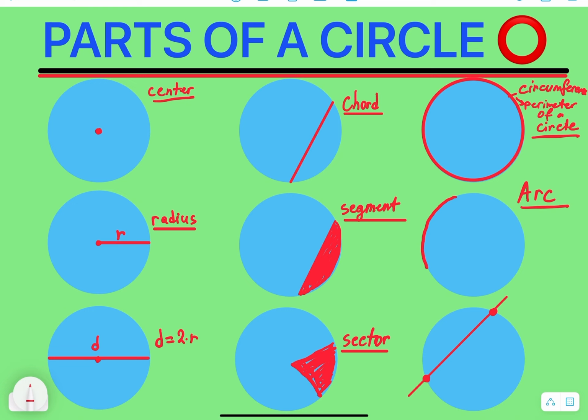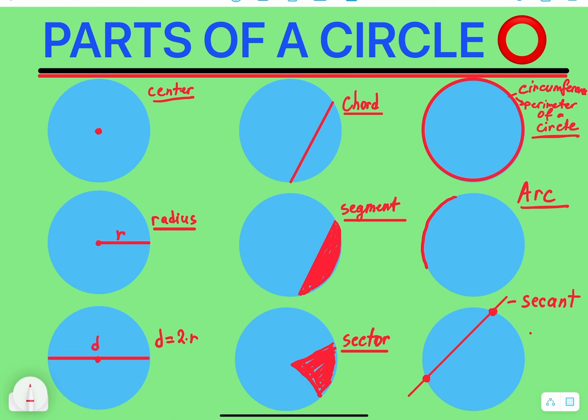When the line cuts the circle and cuts with 2 points, we call this as secant of the circle. Secant. There are secant formula in trigonometry about the circle, how it cuts into points. We will do it in next videos.